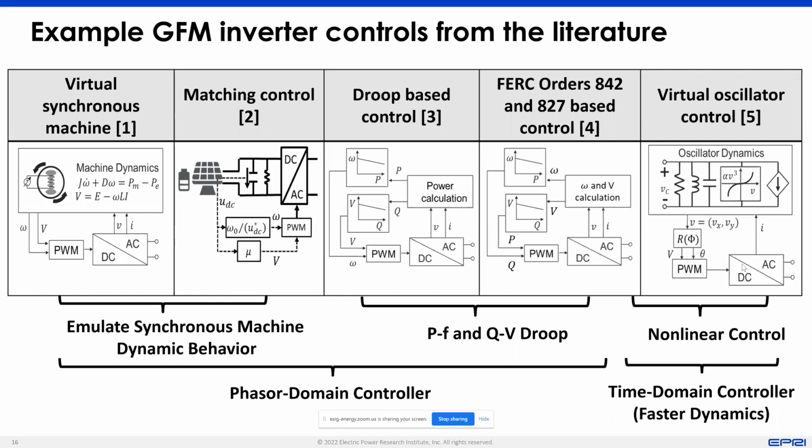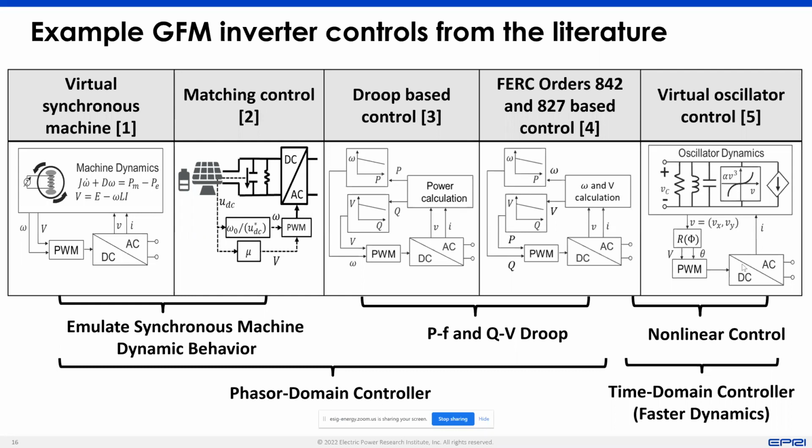So the first one is the virtual synchronous machine, and the second one is matching control. What these two controls do is try to emulate synchronous machine dynamic behavior. The difference between them is that the first one implements the synchronous machine swing equations and voltage control equations solely on the AC control of the inverter, and the second one, matching control, tries to leverage some of the DC side dynamics to emulate the swing equation of the synchronous machine.